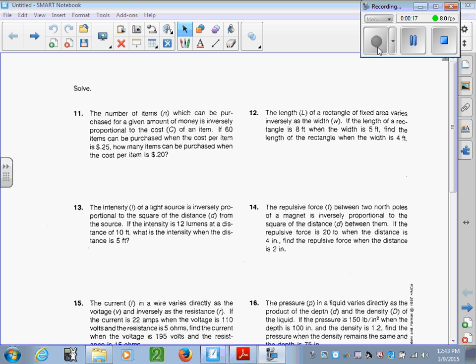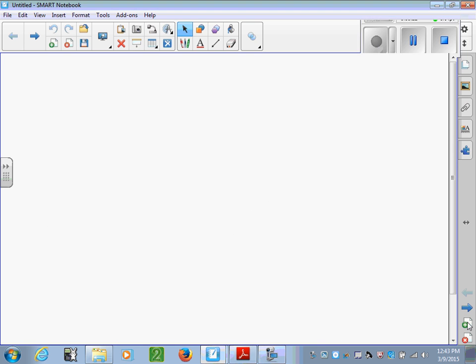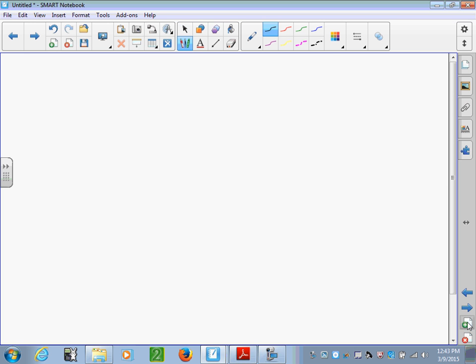Before we get started, though, let's do a quick review of the steps when we're talking about variation problems. Remember, for any kind of variation problem, the first step is we write the relationship.